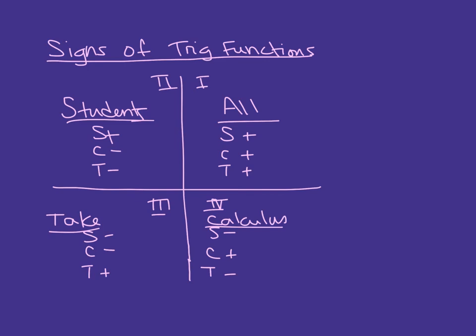The first letter of each of these words tells you which of the three basic ones is positive. I've also seen the mnemonic all science teachers crazy. However, since I know that most of you have me for science, I don't think that's an appropriate one. It also is bad grammar. So all students take calculus it is. And that's just a way to remember what the signs are.